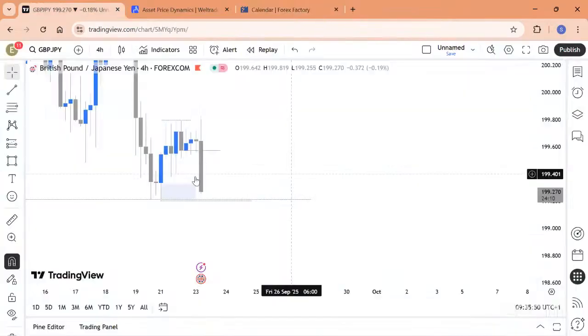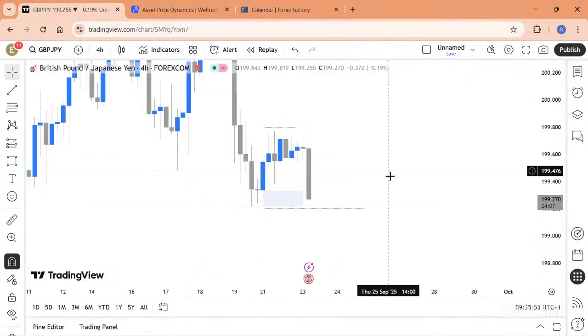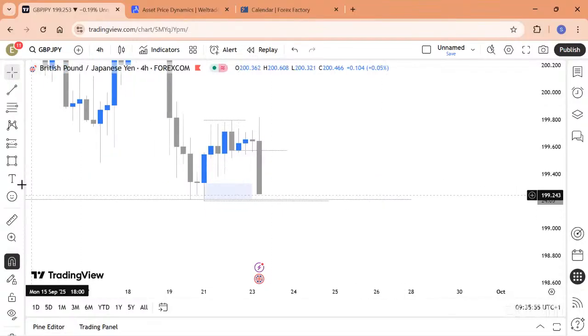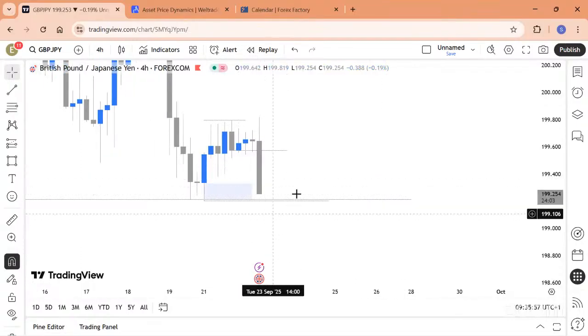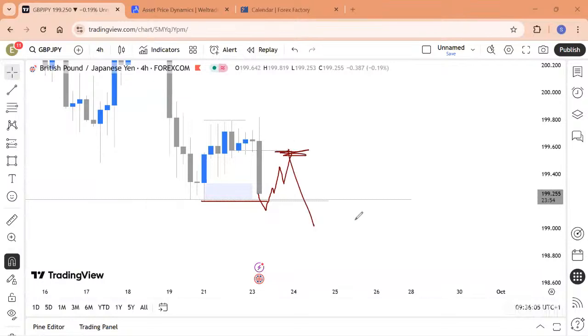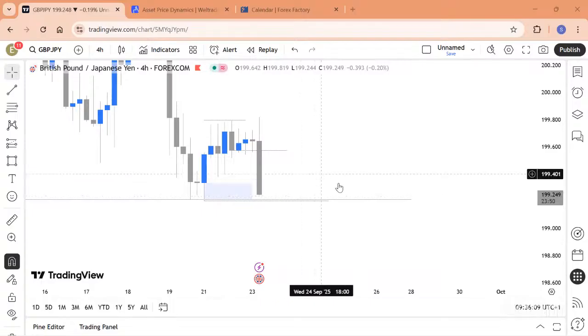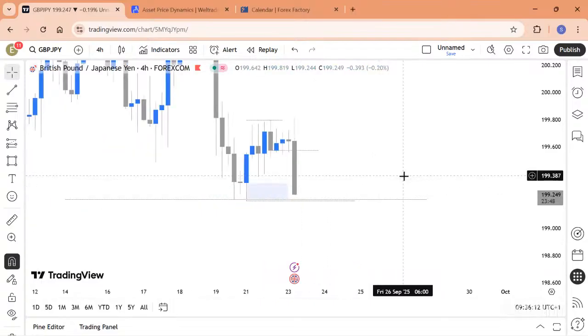Now that is where this momentum is coming from. So you can see that it has the tendency to come and sweep all this low. And then when it's done with this sweep, when it takes this low, it will sweep here, then come back to retrace to take here before we continue to the downside. Okay. So the buy that I analyzed, I think somebody asked for this trade yesterday.